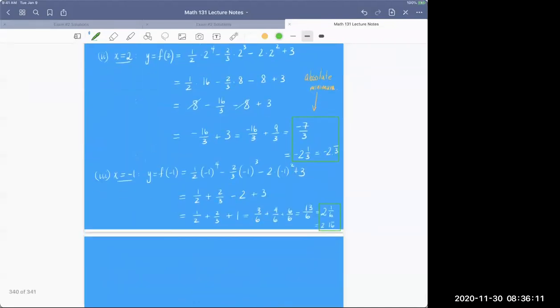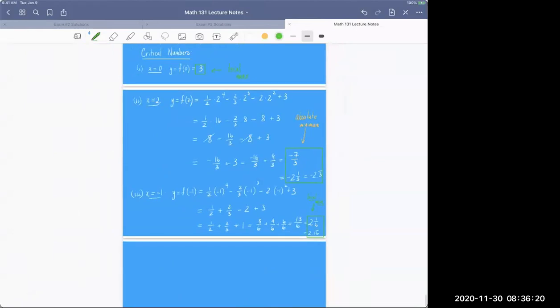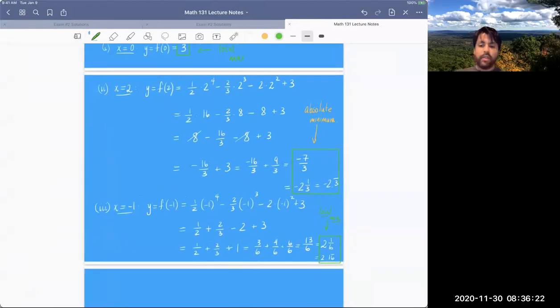And then this one here, negative 1, would be a local min, right? So if we cared about all of the different kinds of extrema, then yes, we would say local max, local min, absolute max, absolute min. But for now, we just care about the absolute max and the absolute min.